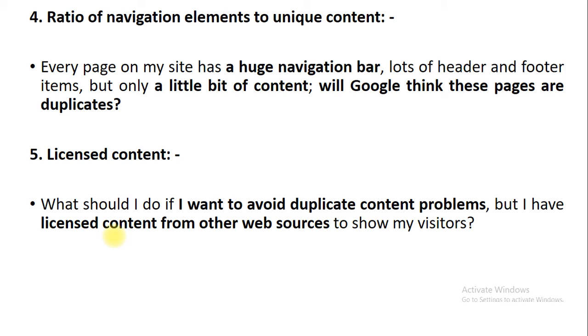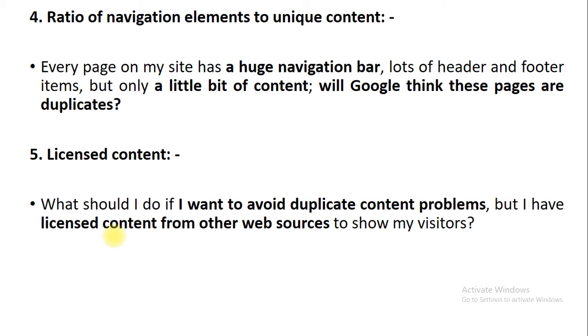That means if your website contains a huge navigation bar, lots of header and footer information, but you have put in only a little bit of content, at that time Google will also think that these pages are considered duplicate content. Next is license content.